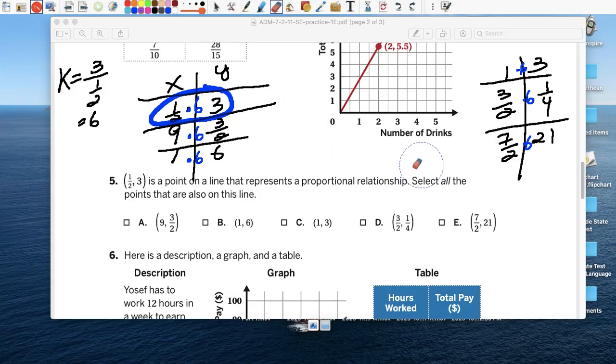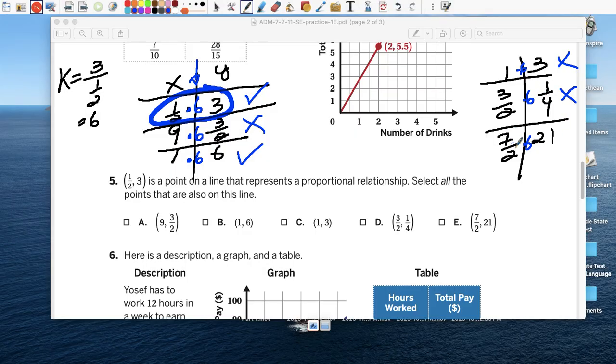You can do it that way, or if you found the unit rate, it's times 6. Every time there's 1 of x, there should be 6 of y. So over here we know that's true. Is 9 times 6 3 over 2? No. Is 1 times 6 6? Yes. Is 1 times 6 3? No. Is 3 over 2 times 6 1/4? Let me see. 18.